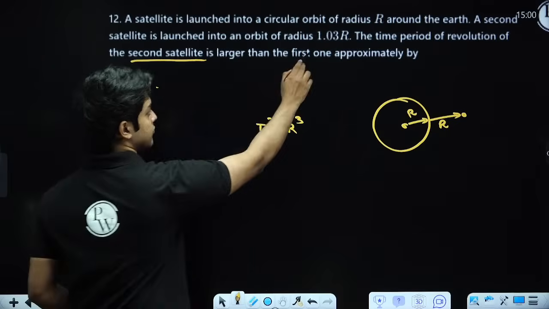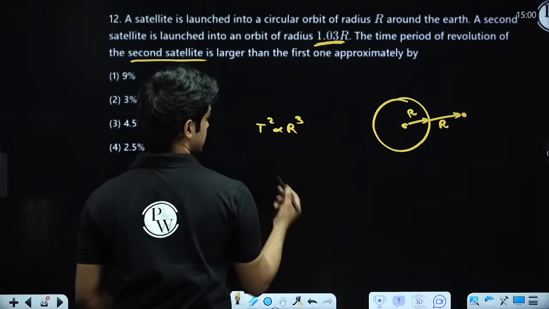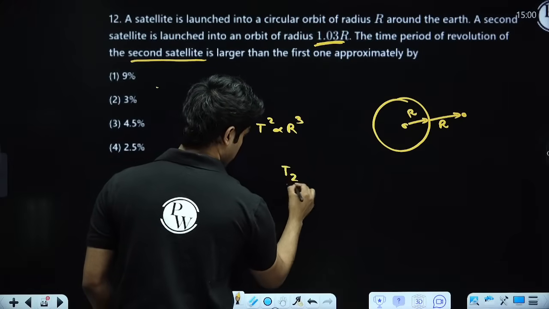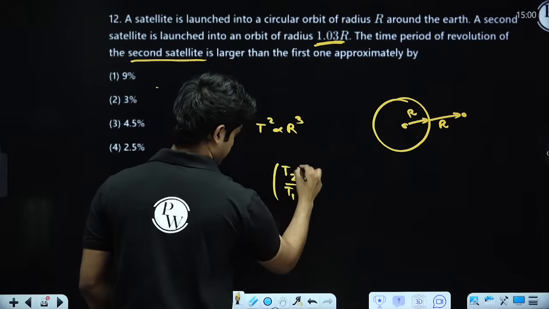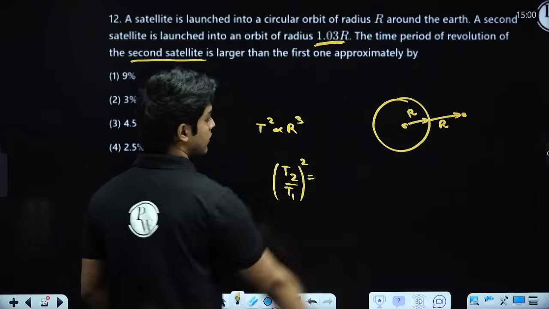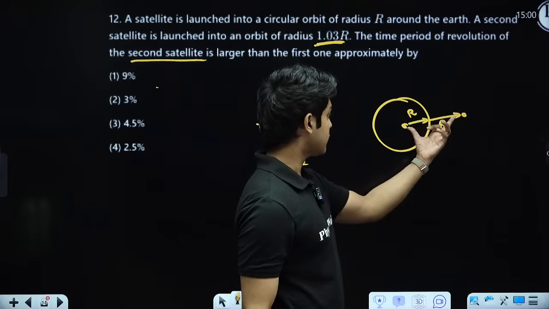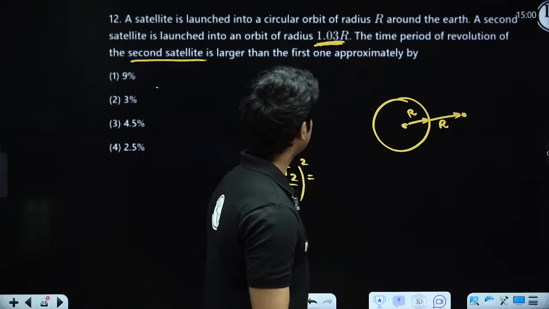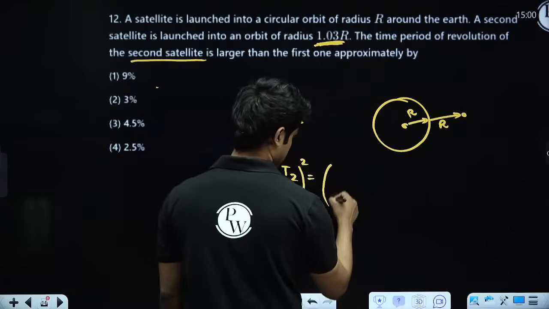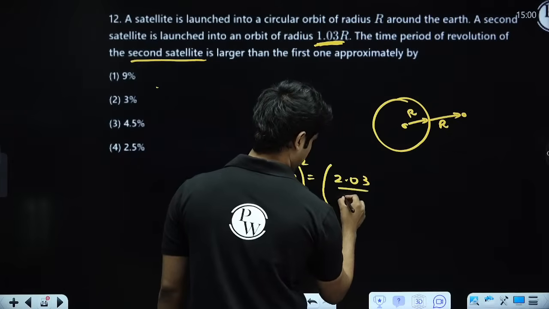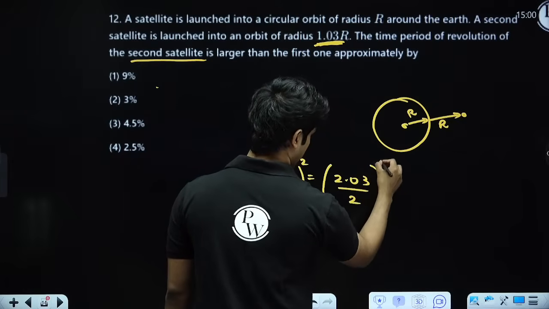We'll call the time period of this satellite T2 and the other one T1. So (T2 by T1) whole squared equals the second radius upon the first radius. So the radius from the center of the Earth is 2r, and this radius would be 2.03 r. So this is going to be (2.03 divided by 2) whole cubed.